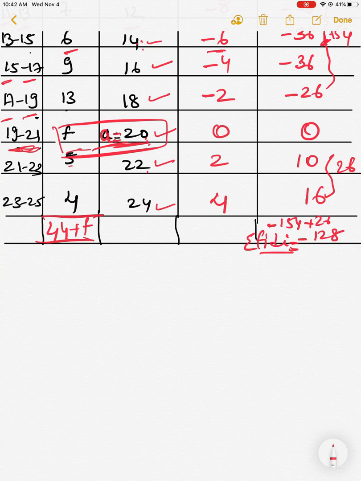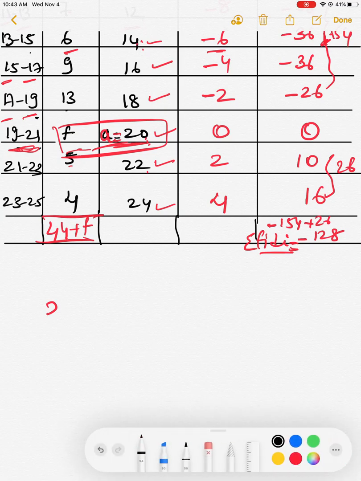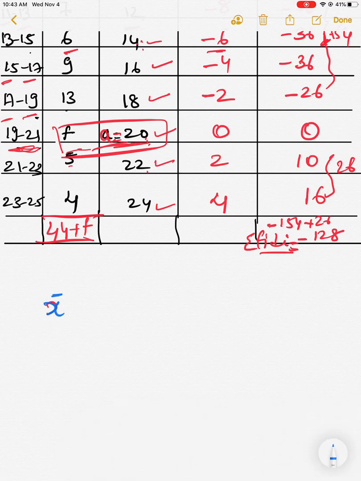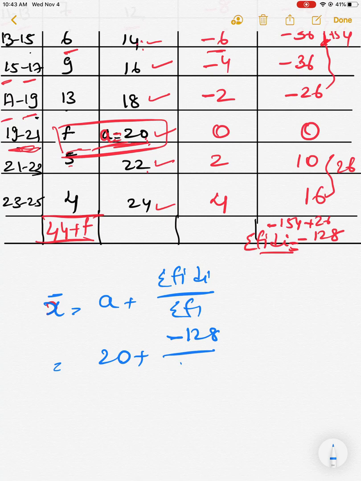So we have done this by the step deviation method. Okay, what is the value of the mean? Mean x bar is equal to a plus sigma fi di upon sigma fi. A we have taken 20, plus minus 128 upon 44 plus f.